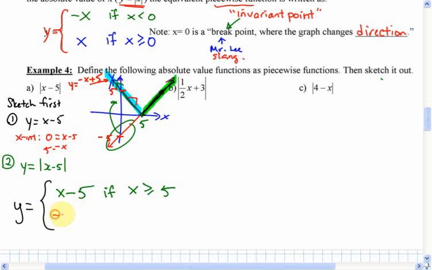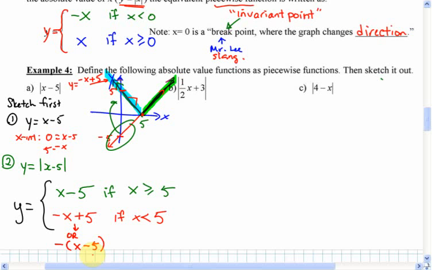So if you wrote this down, you are correct. And this is for x less than 5. Okay? This and this look very similar, except for what? It's negative. So another way of writing this part, I'll say or, you can write it like this: negative bracket x minus 5. Okay?